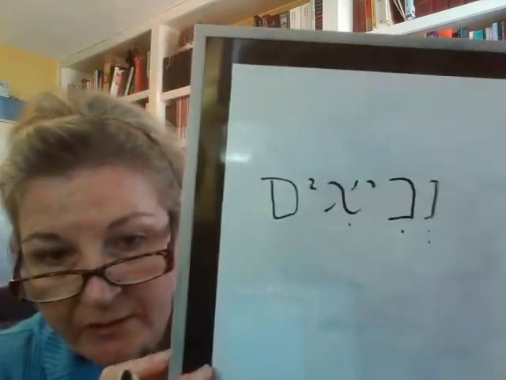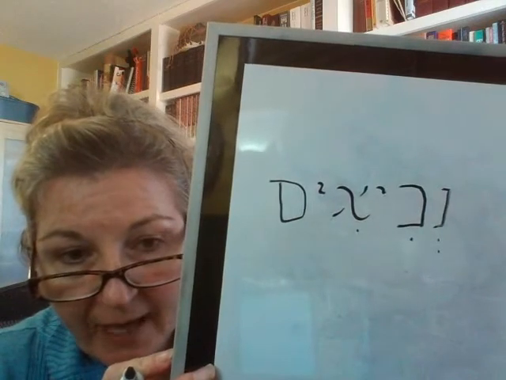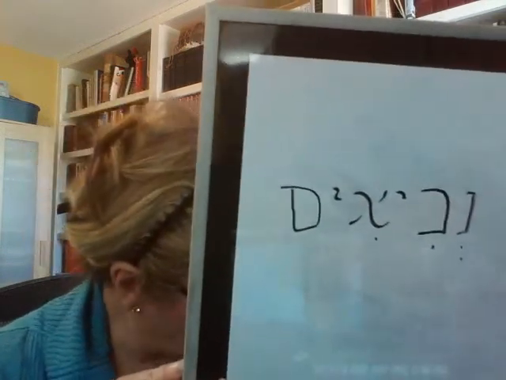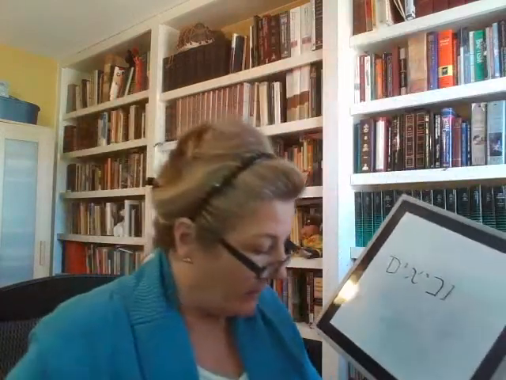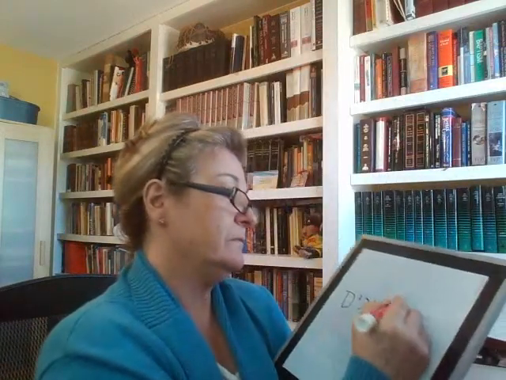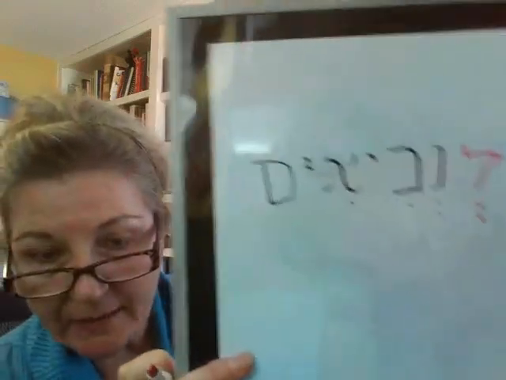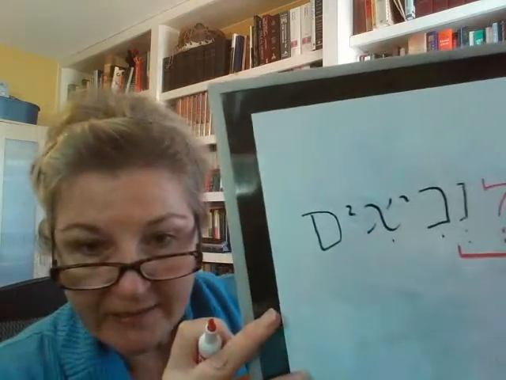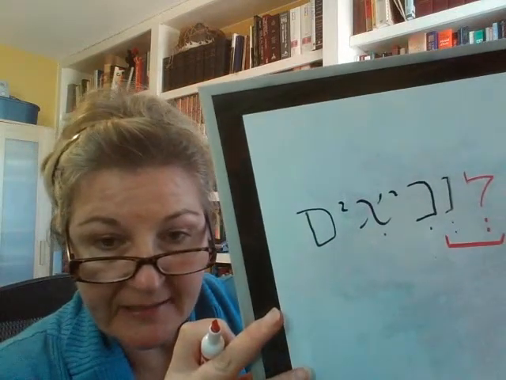So here before the nun in prophets, we have the schwa. And we know that if we're going to prefix it, let's just say with the lamed, it should look like that. But again, these two cannot coexist side by side, so something has to happen.